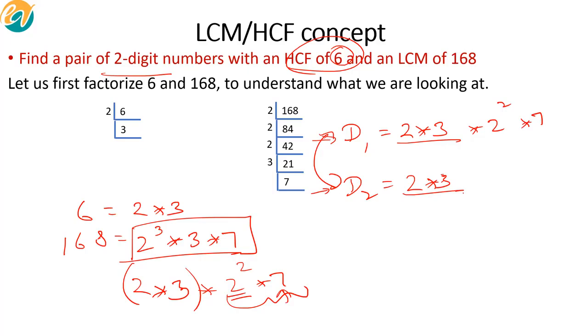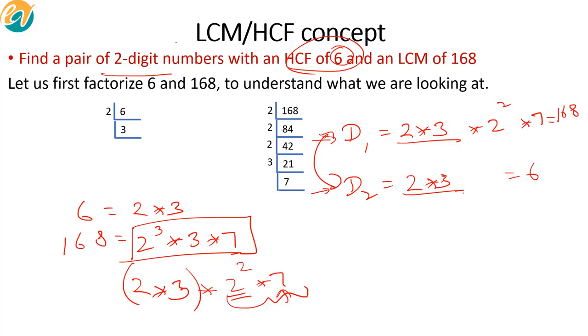No. The reason we cannot put 7 over here is because then this number will become 2 into 3 into 2 square into 7. So how much is that? 2 square is 4 and 24 into 7, which is 168, obviously, right? So this would become 168 and this will become 6.